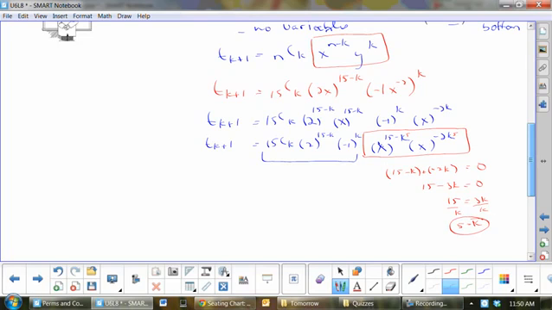Now, I like to believe that you could keep plugging in numbers yourself till you get it. Most of you will not have to go through this. But if you're like, well, I know this plus this has to equal 0, or how else am I going to get rid of them? So I did this plus this equals 0 and did the math. So this is something that might be optional for you.